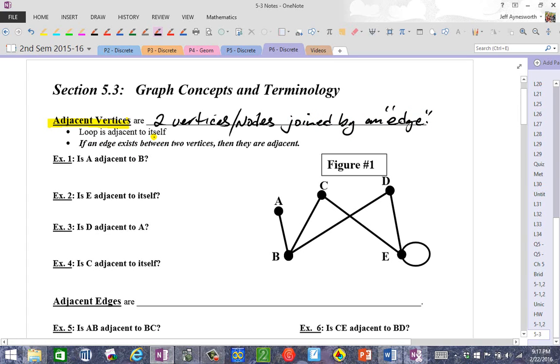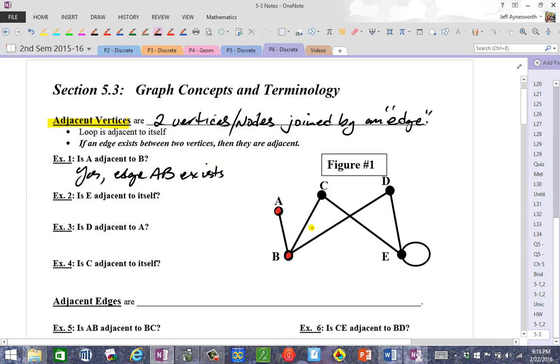So let's go through by example and try to understand it. The first question is, is A adjacent to B? Well, here's A and here's B. They're connected by AB, which is an edge. Therefore, they're adjacent. So we're going to say yes, edge AB exists.